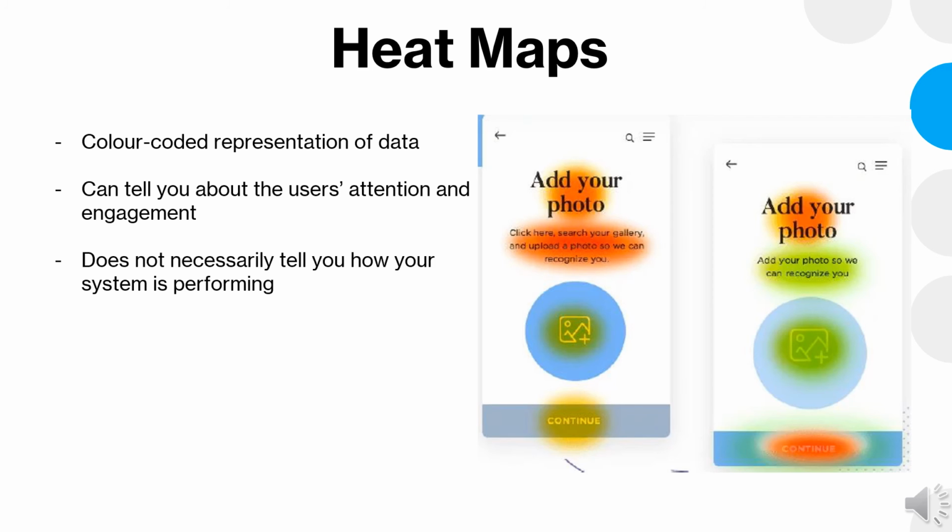Or it can also show you their engagement, what elements on that specific page they are engaging with the most, or their interactions, what buttons they are clicking the most, and how likely they are to navigate through the website itself. An example of a heat map is shown there on your right hand side, where a red color means a lot of your users are engaging with your content, whereas gray means not a lot of people are engaging with your content.